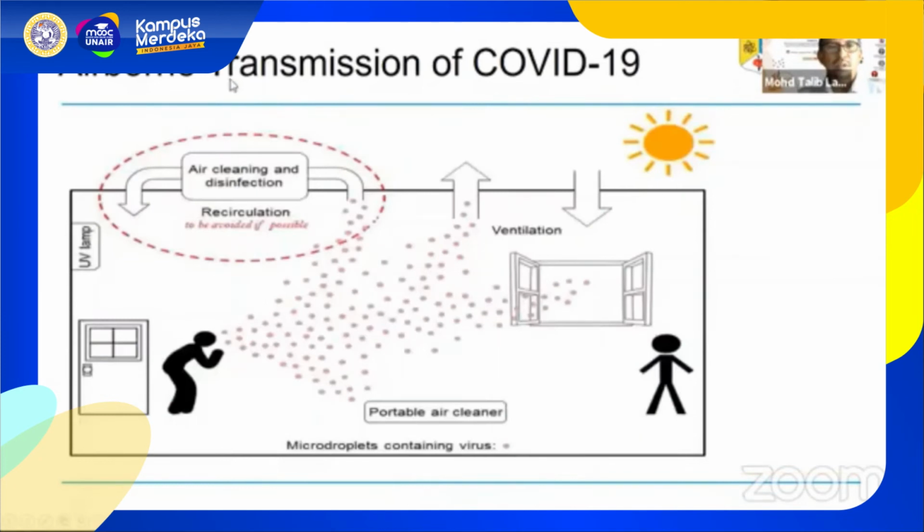Airborne transmission of COVID-19 actually becomes worse when we have very bad ventilation, especially in our conditions where we have a very poor ventilation system.